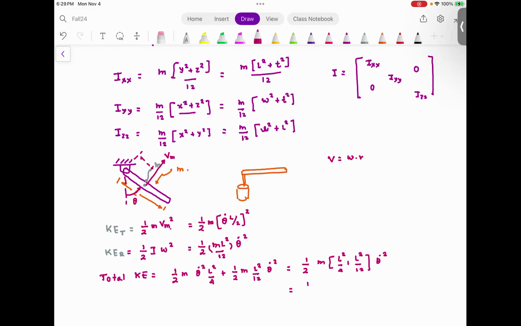L square by 4 plus L square by 12 is 3 L square by 12 plus L square by 12, which is L square by 3. So this expression is 1/2 m L square by 3 theta dot square.